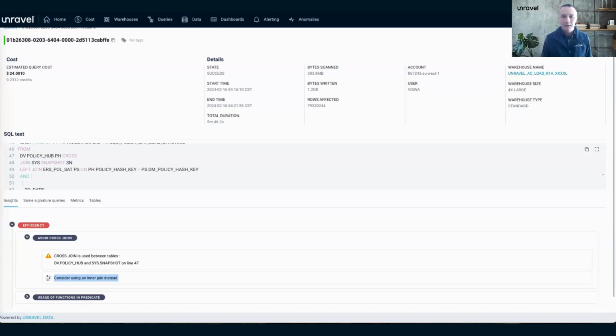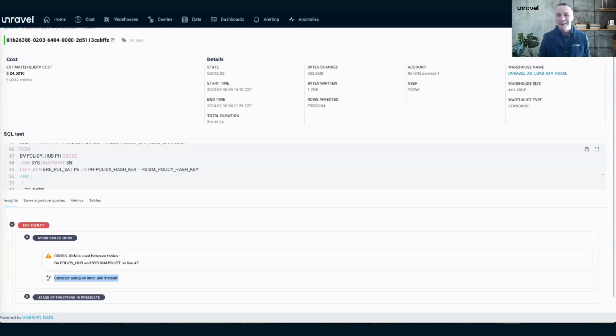Unravel doesn't know what that is. We only have the insight that this is typically an inefficient way to write your SQL. Unravel doesn't know what the code is doing. But we can reduce the amount of data being processed, which will ultimately have an impact on how long the warehouse is being used or how long the app is running, and that should reduce cost.